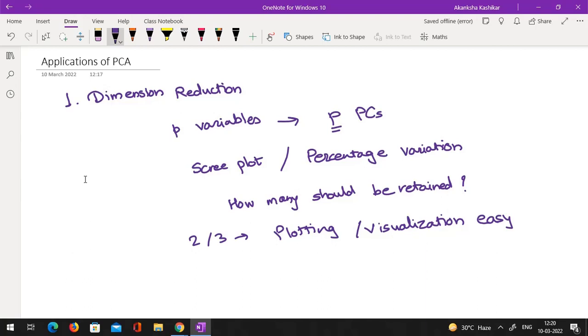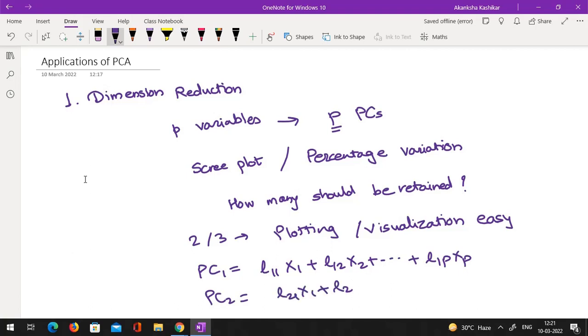But some of you might have realized that at the data collection level, this still needs all the p variables, because when I say I have some equation for PC1, we know that equation looks like L11x1 + L12x2 + ... + L1pxp. Similarly, PC2 is L21x1 + L22x2 + ... + L2pxp.